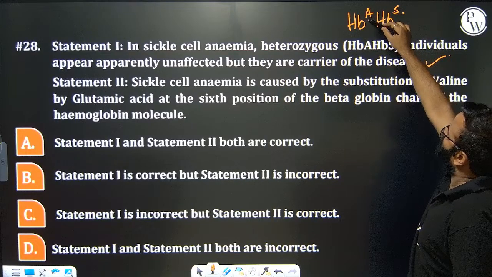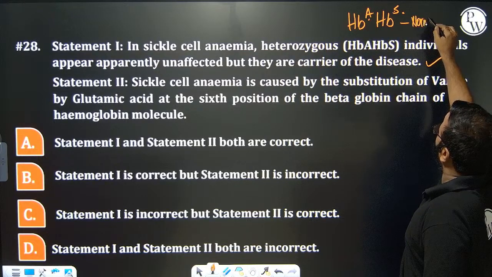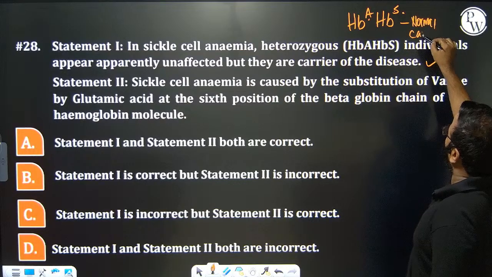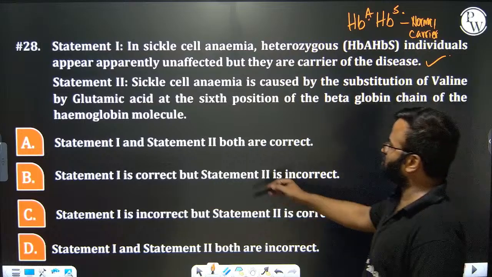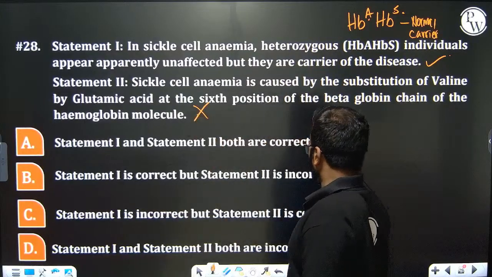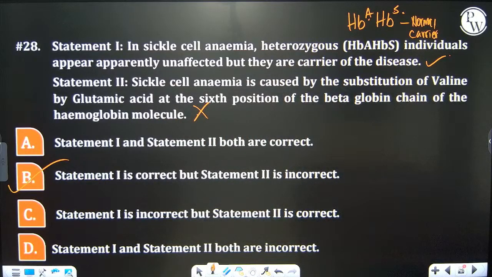That's the reason why phenotypically it will be normal, but it is a carrier, which is true. Let's see statement 2. Sickle cell anemia is caused by the substitution of valine by glutamic acid at the 6th position. No, it is false. So I would go with B as the answer.